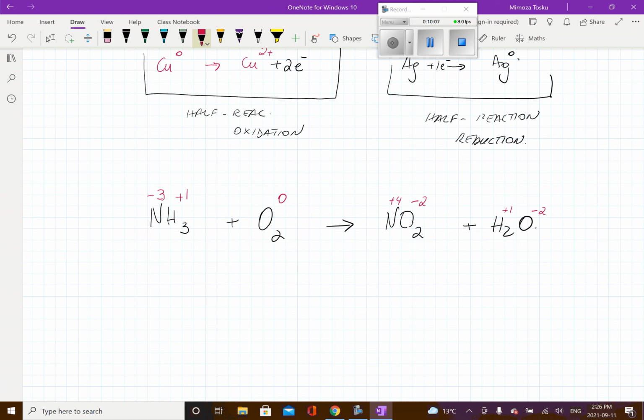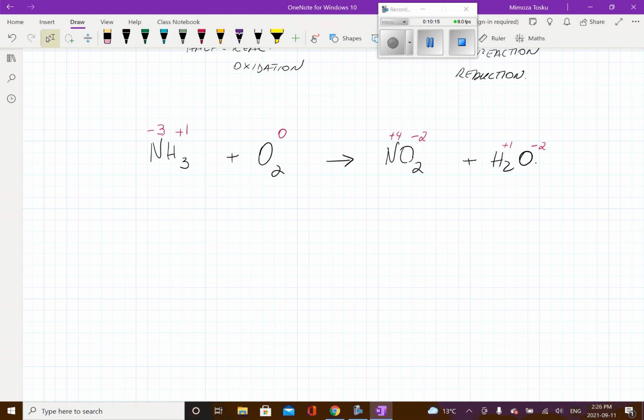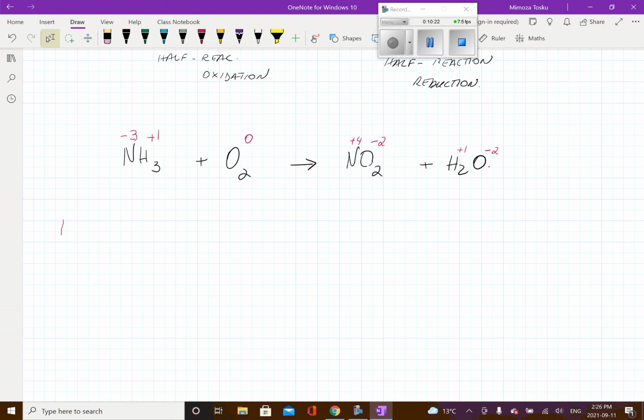So now let's take a look at the elements whose oxidation number has changed. The element whose oxidation number has changed is nitrogen. Sorry about this, I don't know why it is moving like this. So nitrogen is going from -3 to +4.